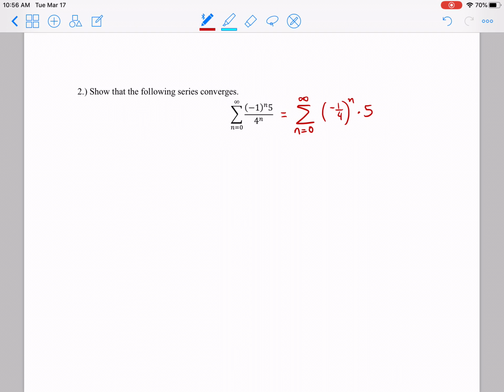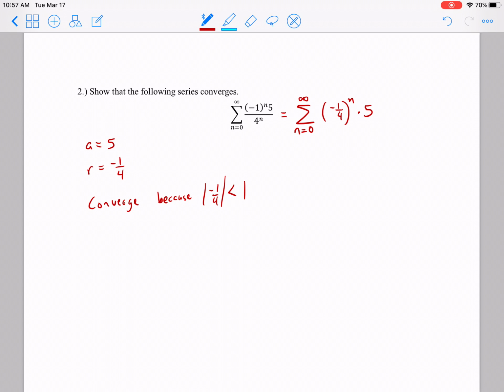So here, again, we pick that number out in front. That a is a 5, and that r is a -1/4. So we know it's going to converge because the magnitude of -1/4 is less than 1.